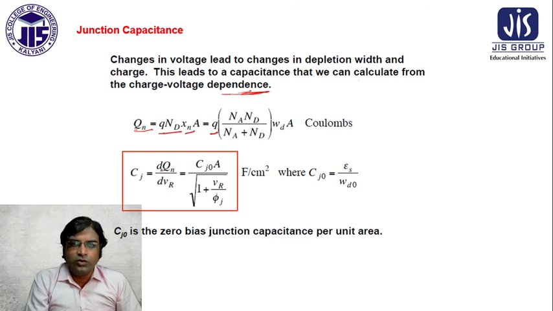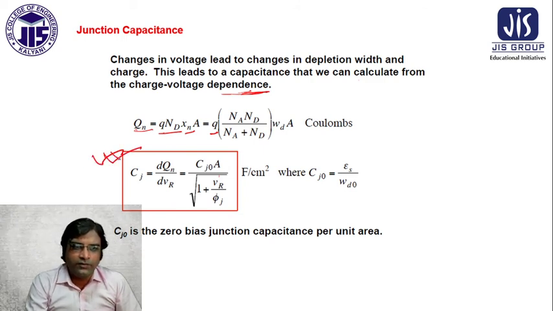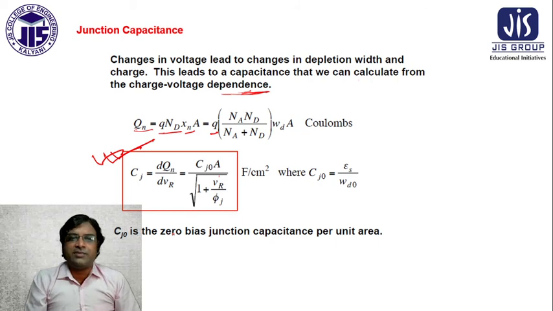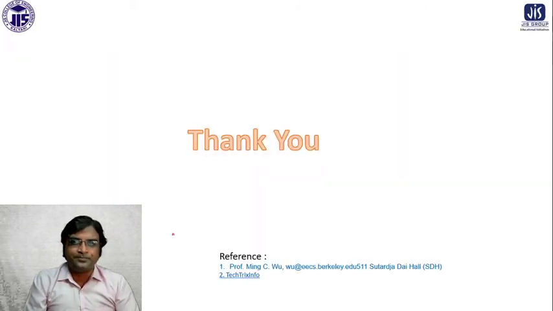Cj equals dQ by dVr, which equals Cj0 A by root of 1 plus Vr by phi j. This is the expression of the junction capacitance, which is very important for you.